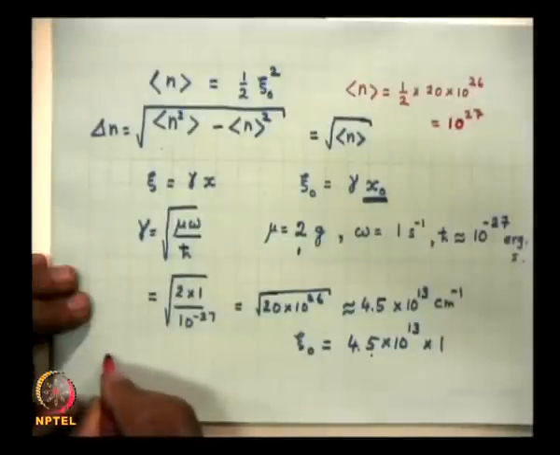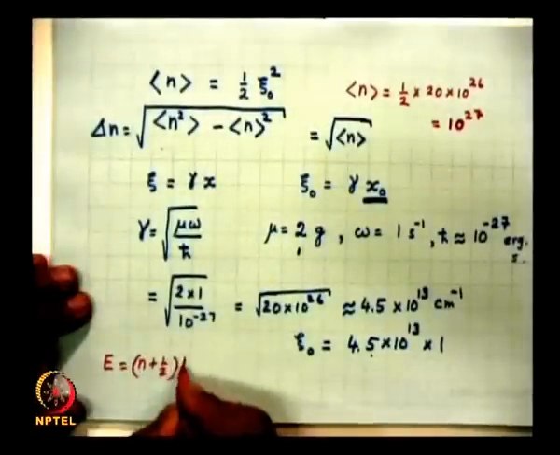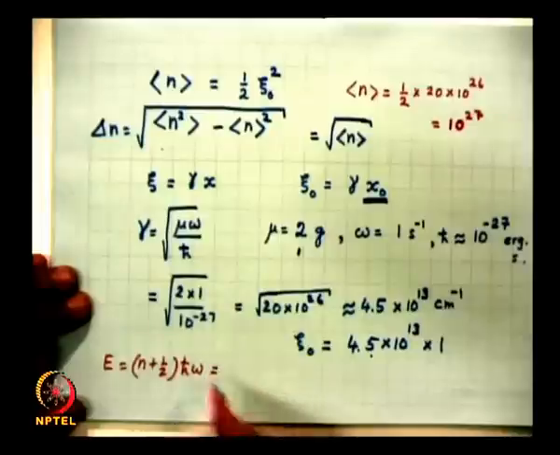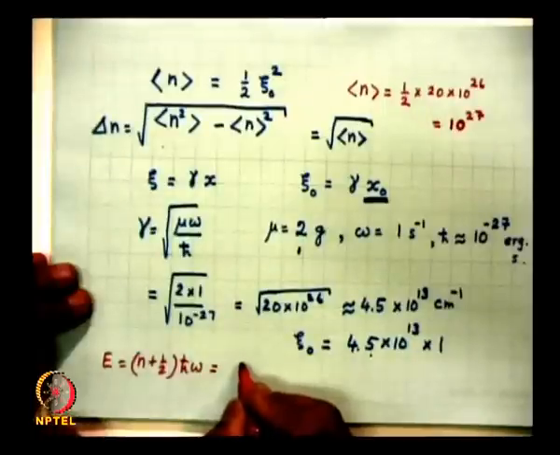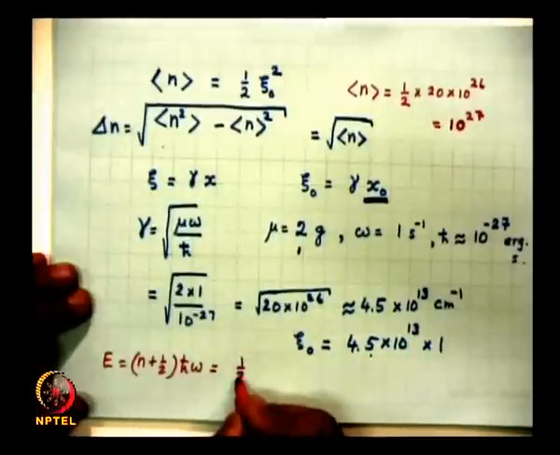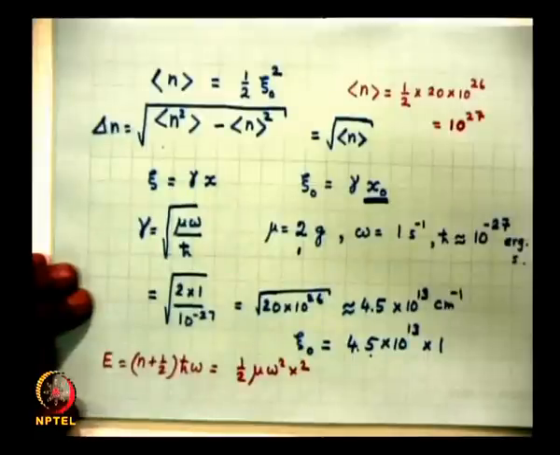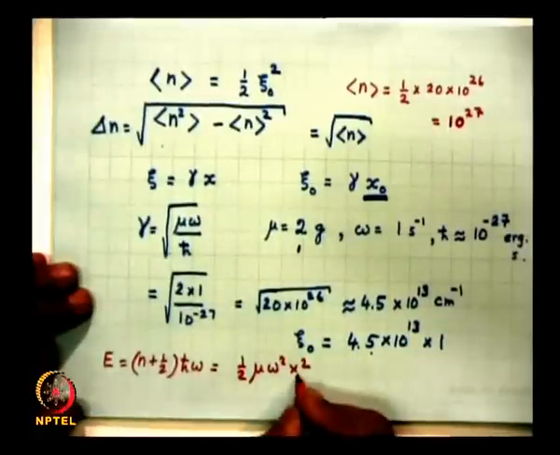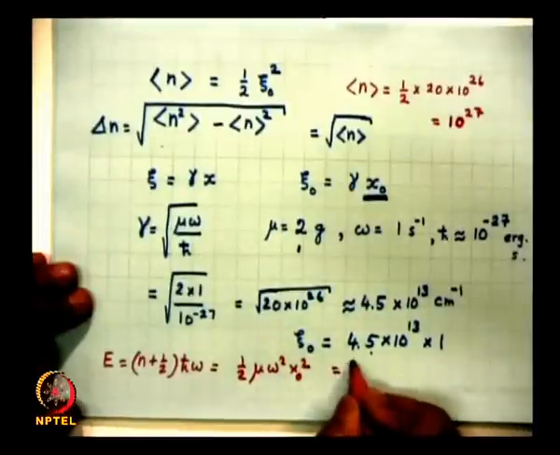and this is expected, because you see E is equal to n plus half h cross omega, and the total energy of the classical oscillator, as you know, is half mu omega square x naught square, which is the amplitude. So, mu is 2 grams.